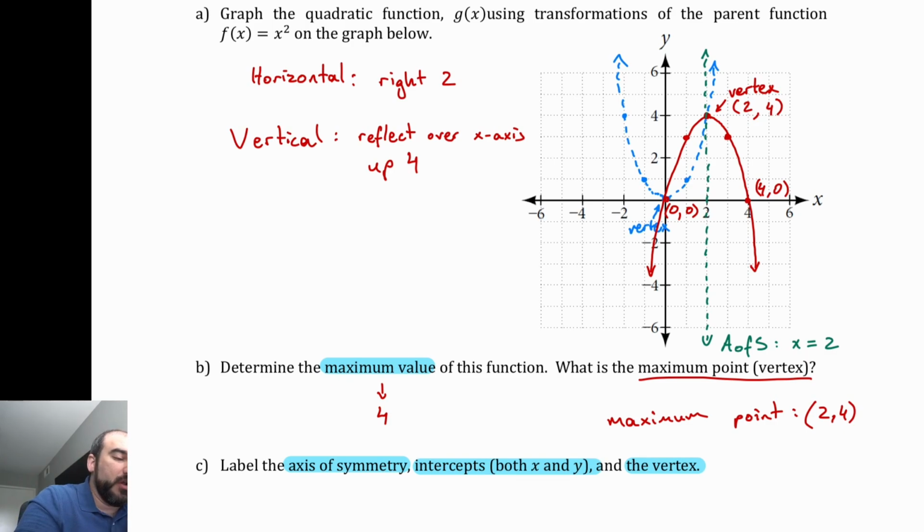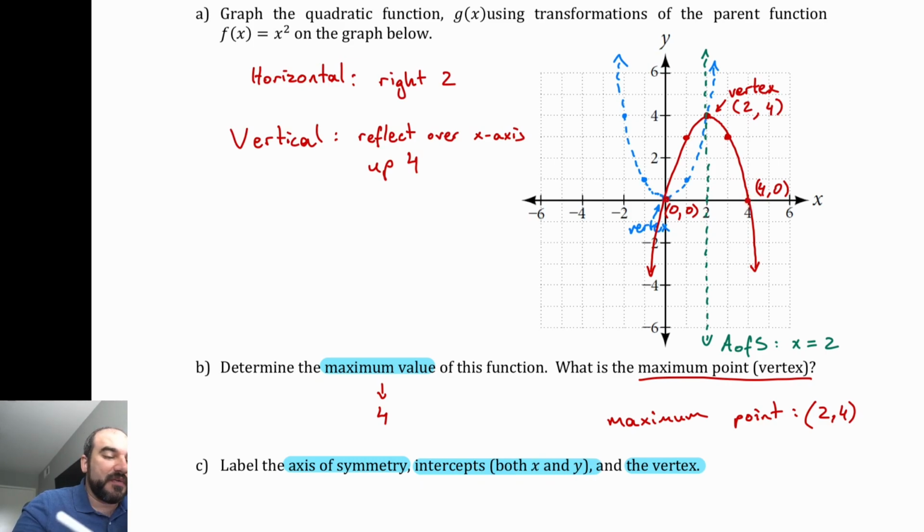In general, whenever you graph a parabola on axes, whether or not you're using transformations, because we're going to see other ways of graphing parabolas, you're going to want to label the axis of symmetry, which you draw as a dashed line going through the vertex. You want to label the x and y intercepts wherever it crosses the x-axis. Those are good points to have labeled on your graph.